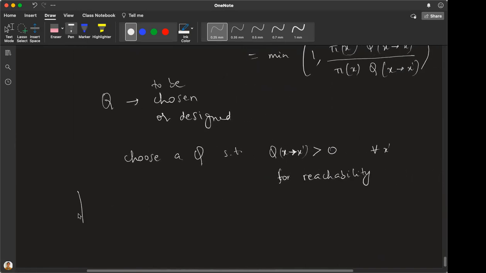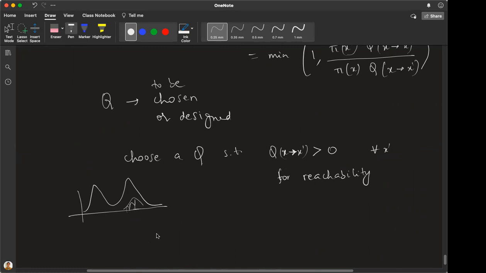Imagine that you have a one-dimensional case where you have a multimodal distribution, let's say 2 Gaussians. And if you are here and you are making jumps and your jumps never allow you to go into the other lobe, then you are just stuck. You can never go to the other lobe. So allow your Q such that you are always able to reach.